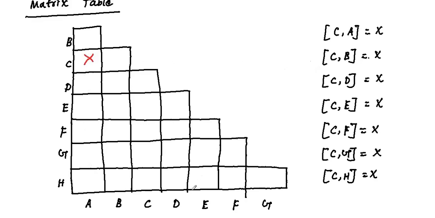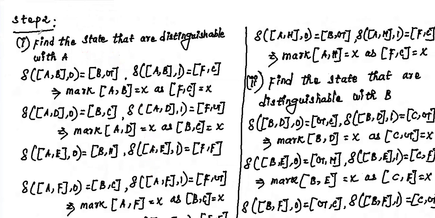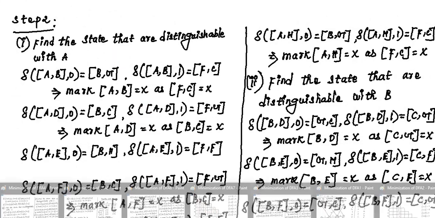Next CB, cross mark. Next CD, cross mark. Next CE, cross mark. CF, cross mark. CG, cross mark. CH, cross mark.